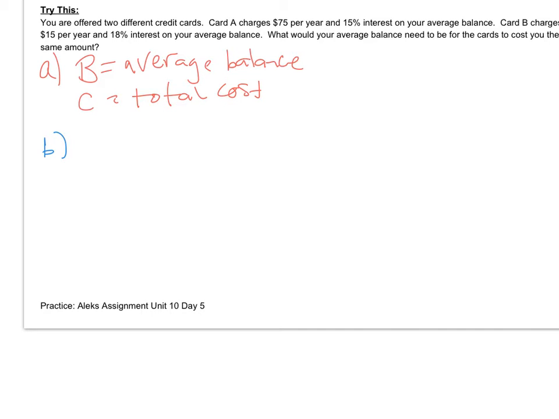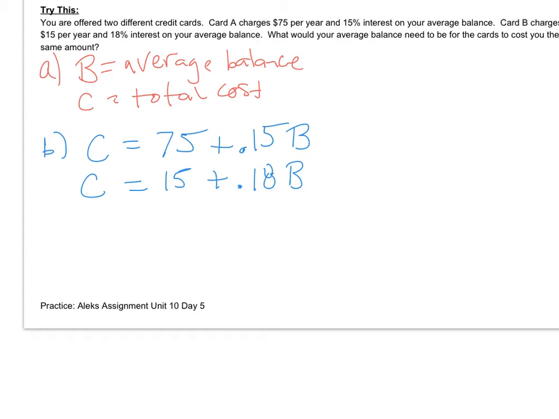We are talking about two different cards, so we're going to write an equation for each card, one for card A and one for card B. Since we want the cost to be the same, we're going to let them equal C. So we have C equal to $75 for card A plus 15% interest. 15% as a decimal is 0.15 times the average balance, which is B. For card B, the total cost, which is C, is going to be $15 per year, and then 18% on your average balance, so plus 0.18 times B.